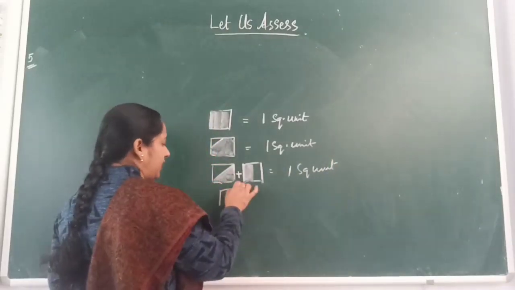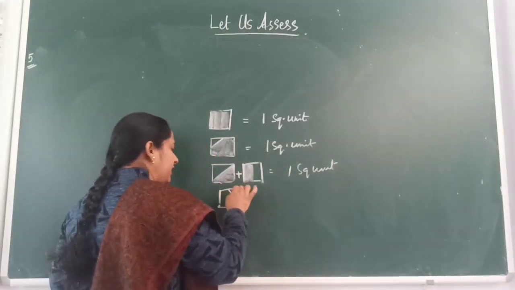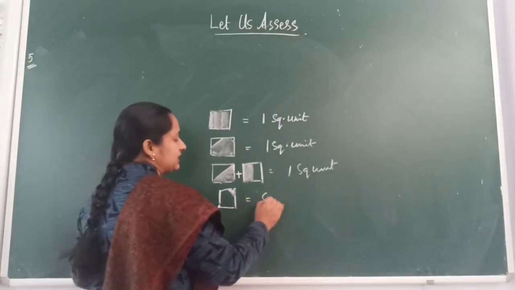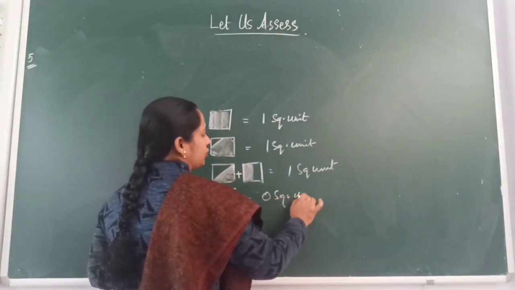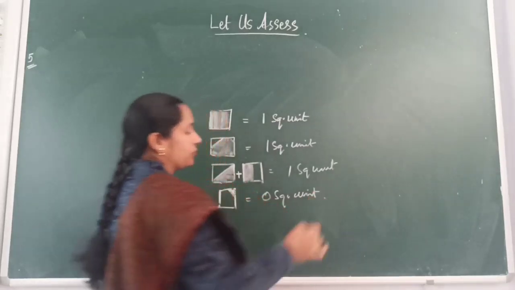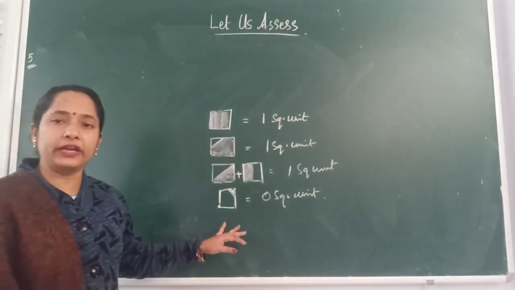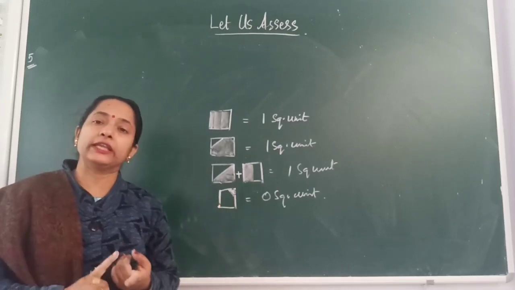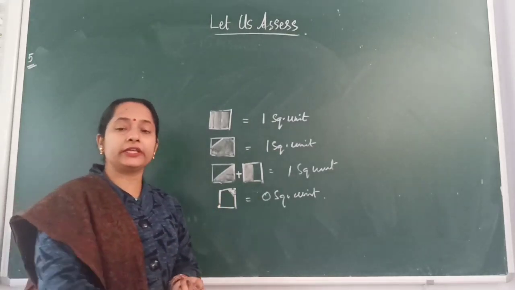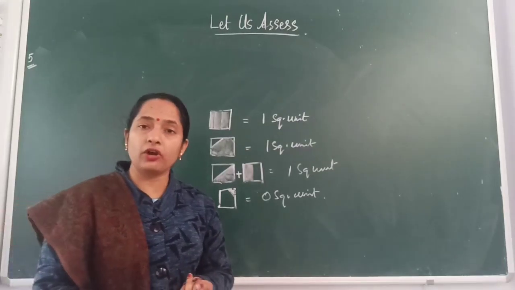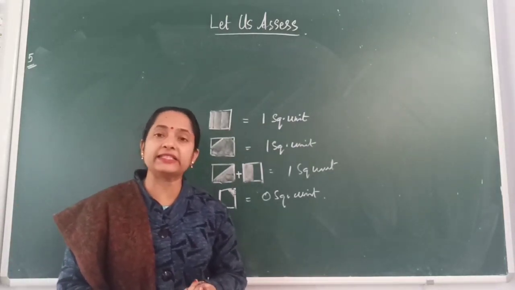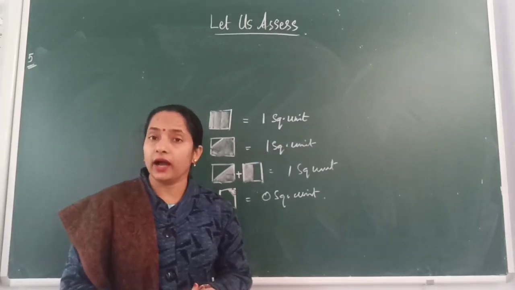And if a grid is shaded less than half, then we will consider it as 0 square unit. I think you understood how you will find the area in this case. So you have to count the number of completely filled grids, the number of grids that are filled more than half, less than half, and half filled.